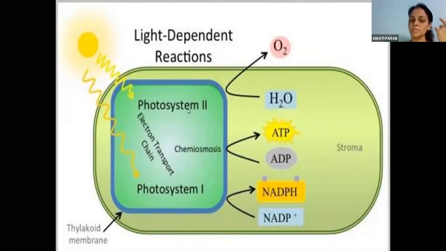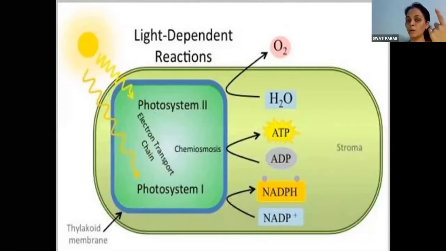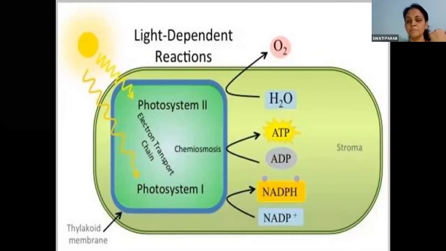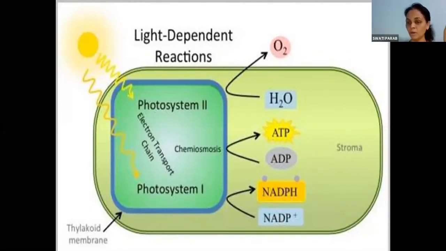So these photosystem 1 and photosystem 2 are the two photosystems which are going to help you in the light reaction, where one is 680 and another is 700. The 680 and 700 refer to the wavelength of light, okay? And then the other part is the stroma, where the dark reaction may start. So what is involved here?